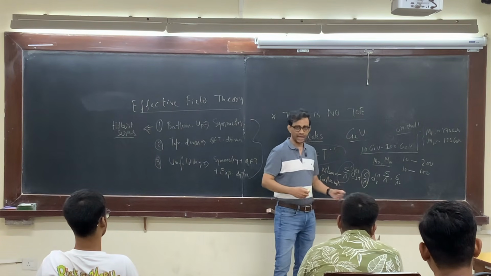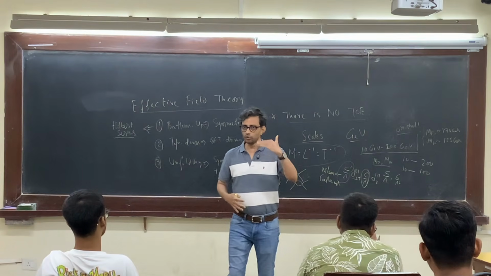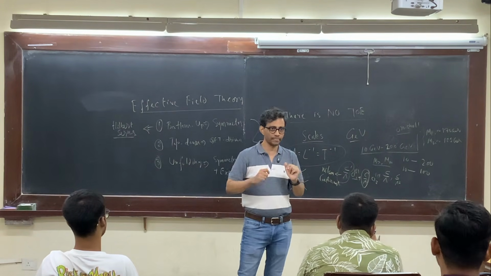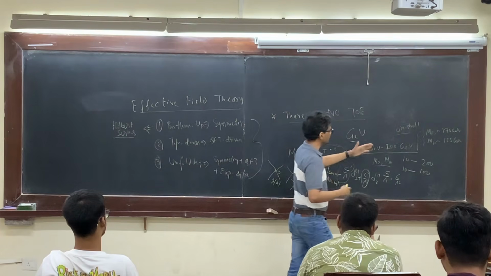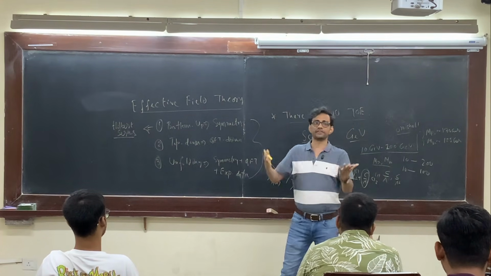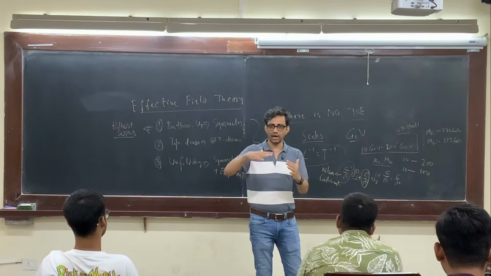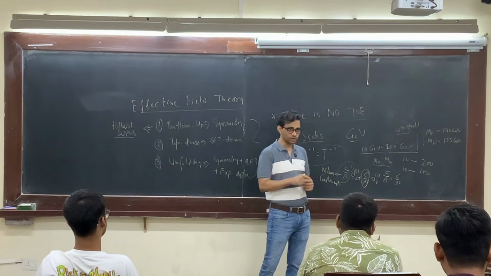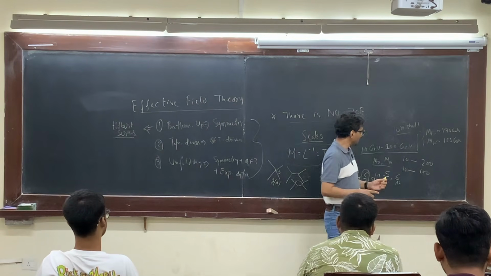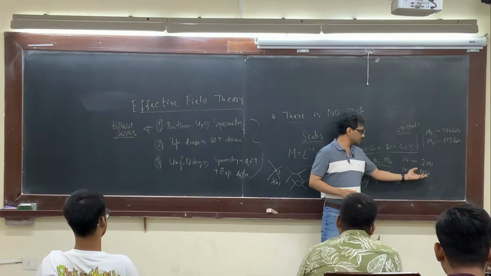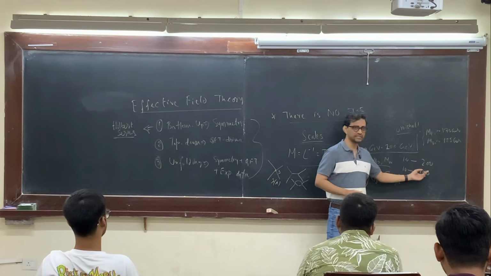So lambda is basically the scale which you can think of as the lightest of the heavy scales, because you can have, for example, 170, 125. So here my lambda would be 125. This is the lightest among the heavy scales. Now the next question is, if a particle is just more massive than 100 GeV for this reference, can I use the EFT?